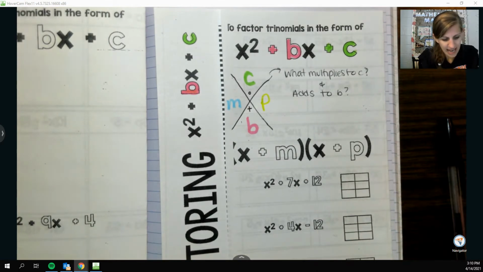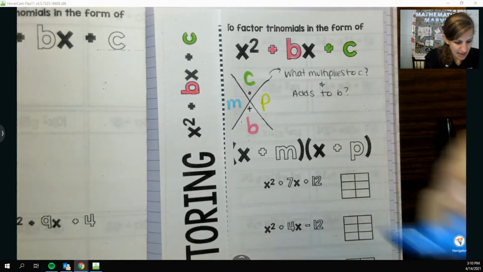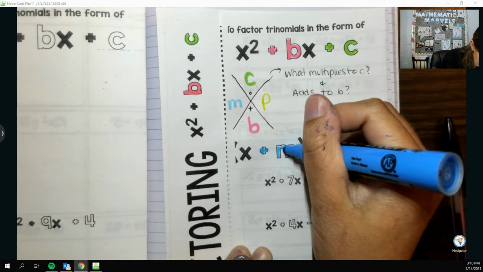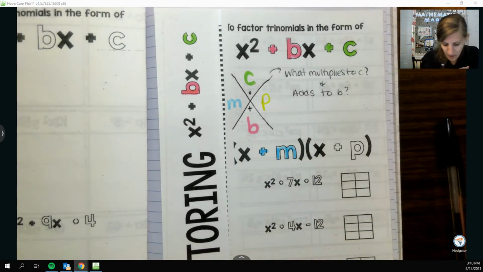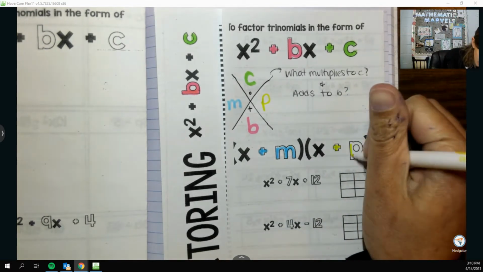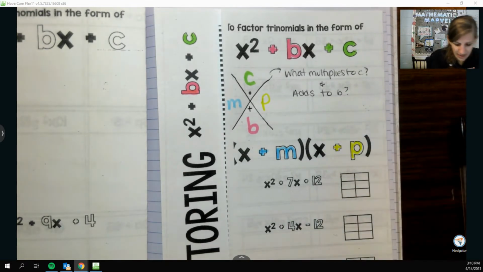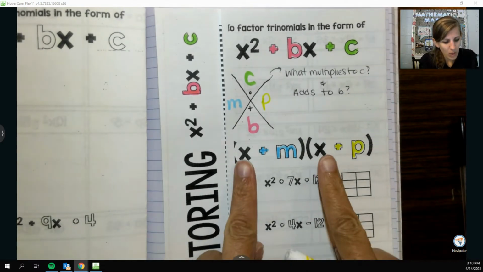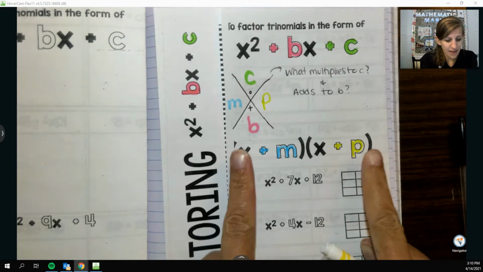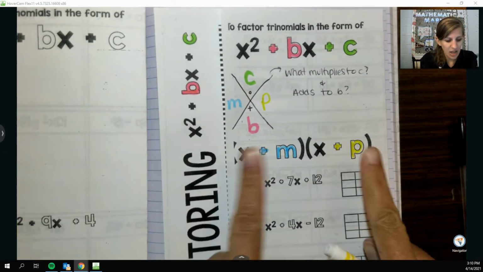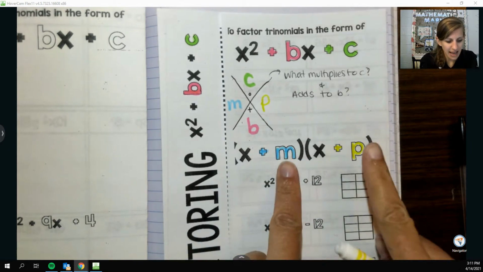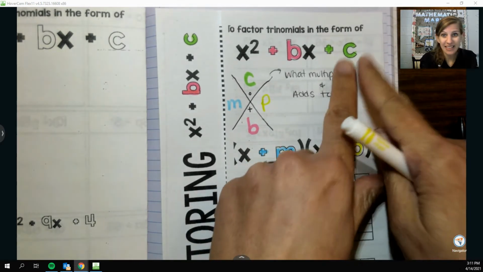And when I write this out, you're always going to write it the same way. You'll put M in one set of parentheses with an X, and you'll put P in another set of parentheses with an X. The reason that this works is because when I multiply these out, I have to do FOIL. And so I'll have P plus M to get me the middle term, and M times P gets me this last term.